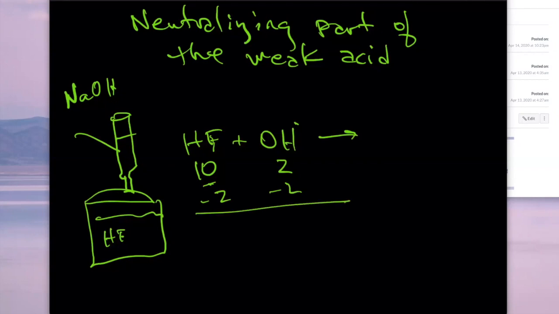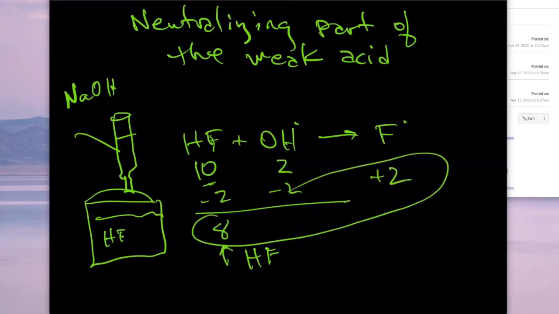And so this will be 8 HF remaining, but remember, 2 of that original 10 now forms that. So this will be plus 2. Guess what? We have a buffer. Okay. So because now we have the concentration of F minus from the product of this reaction, and we have the concentration of HF from the fact that not all the HF has reacted, we have a buffer.